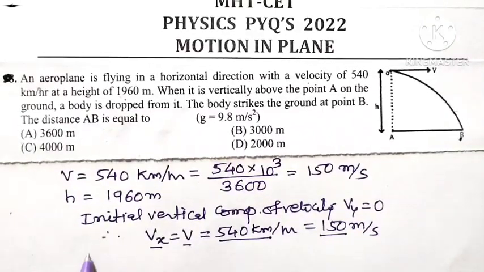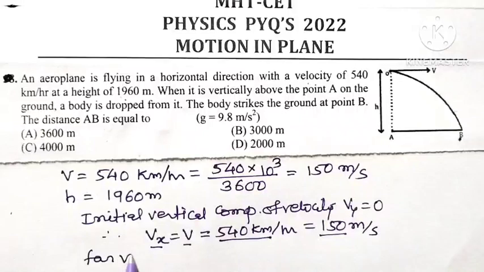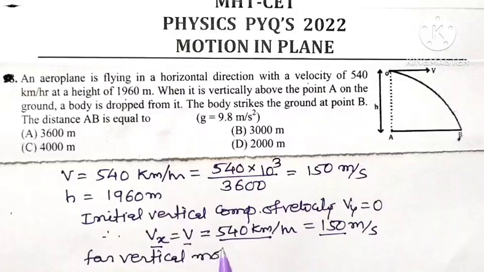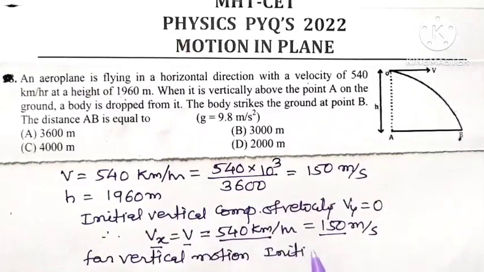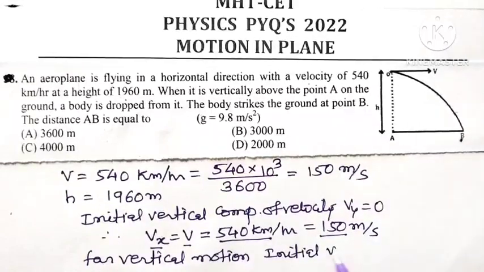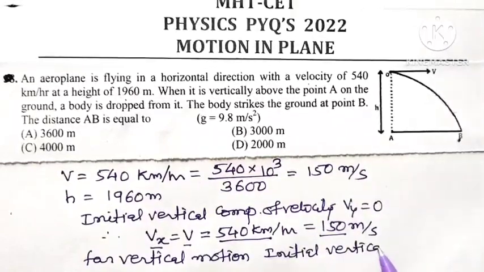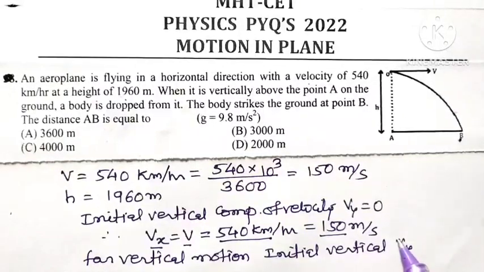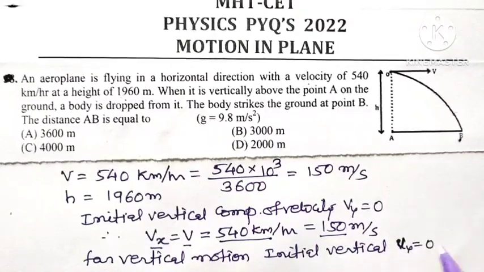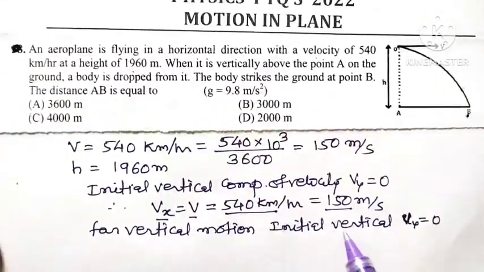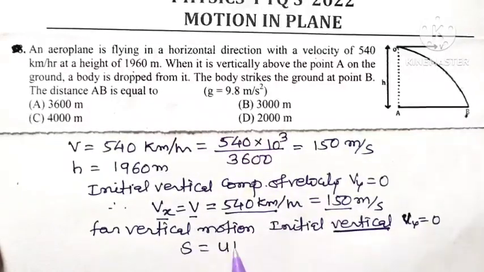Now for vertical motion, what is the initial vertical component of velocity? uy is equal to 0. We know s is equal to ut plus half at square.